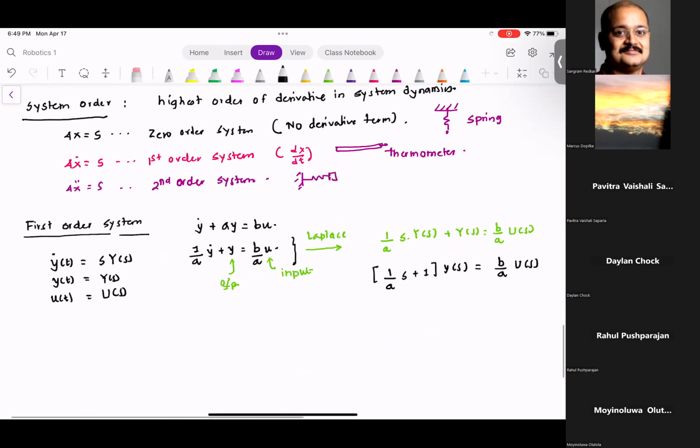So this transfer function can be written as y of s over u of s is equal to b by a divided by 1 by a s plus 1.